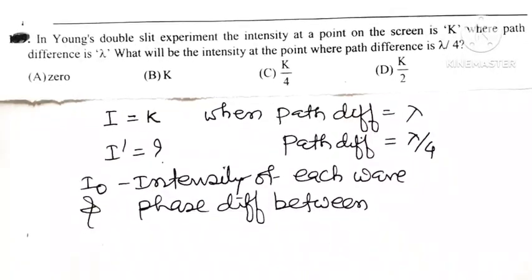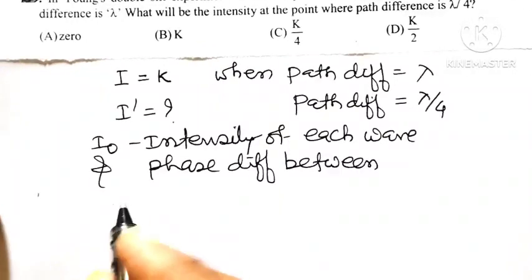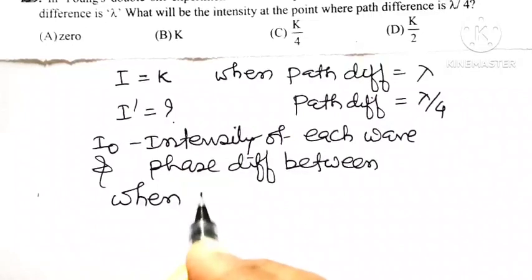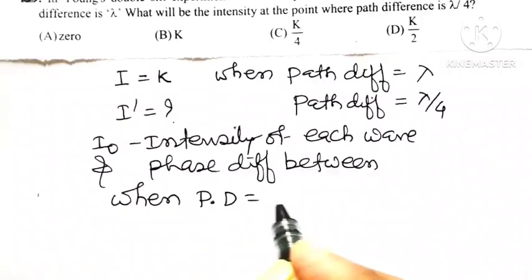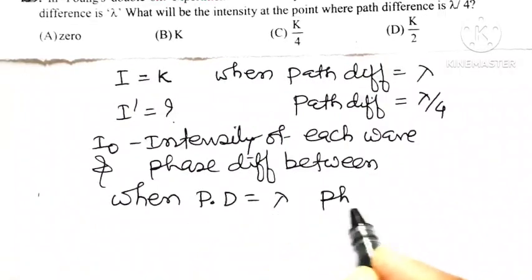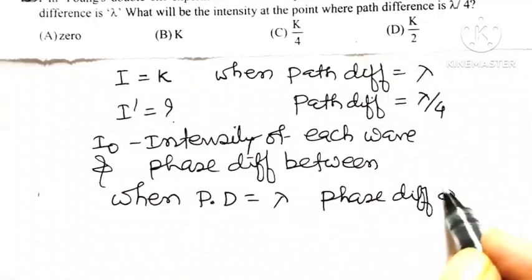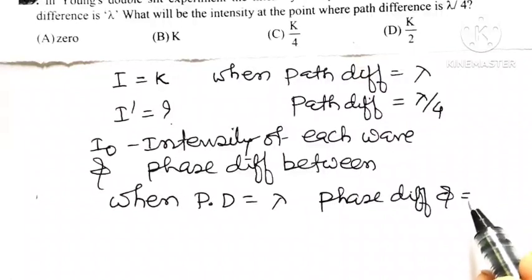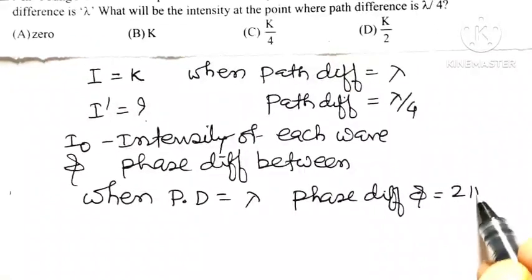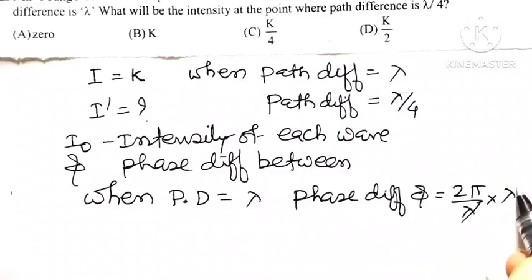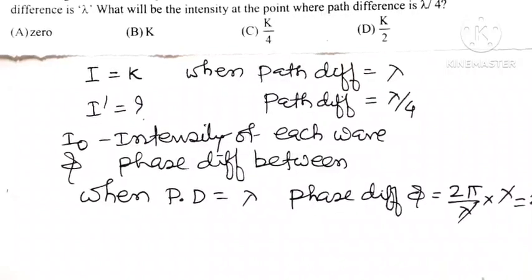Now the resultant intensity. When the path difference is lambda, what is the corresponding phase difference? Phase difference phi is equal to 2 pi by lambda into path difference. It is lambda, so lambda cancels with lambda, and it is equal to 2 pi radian.